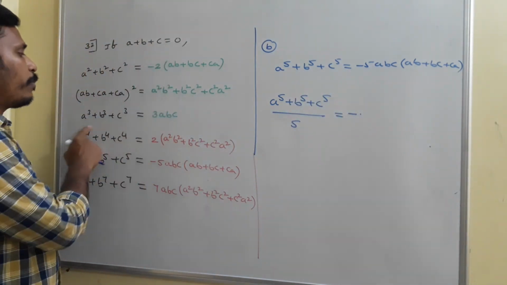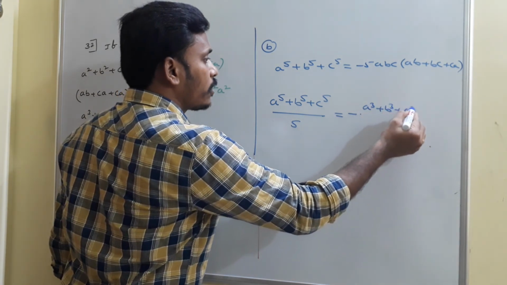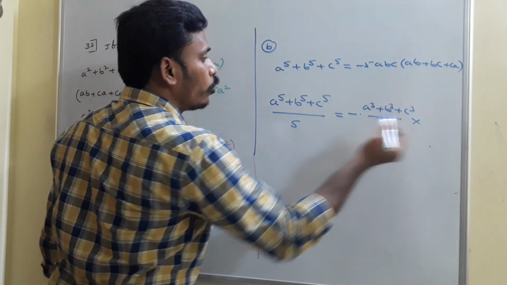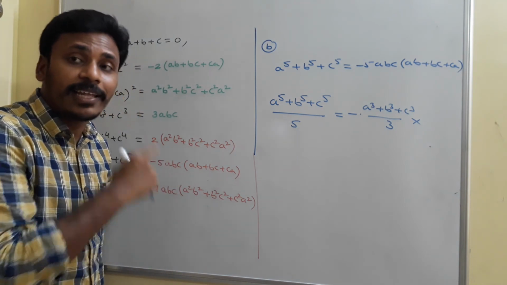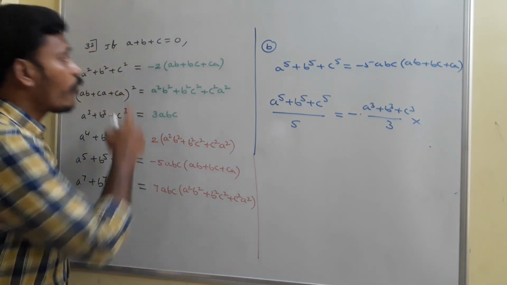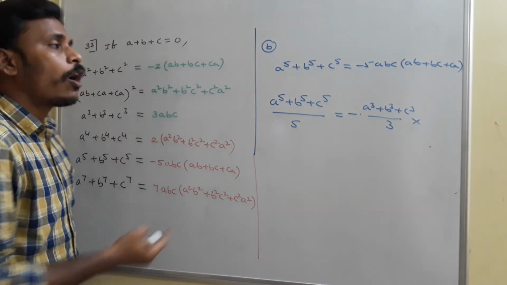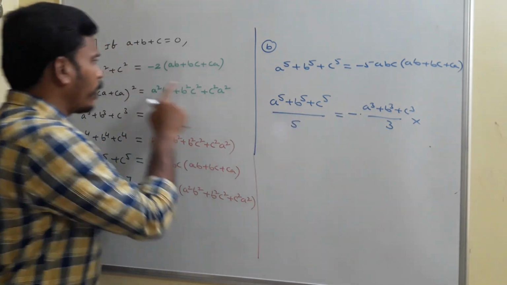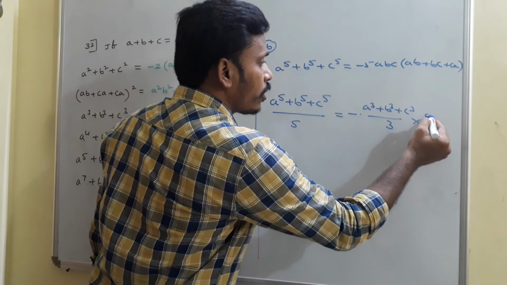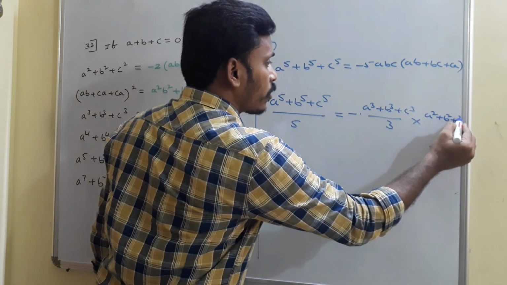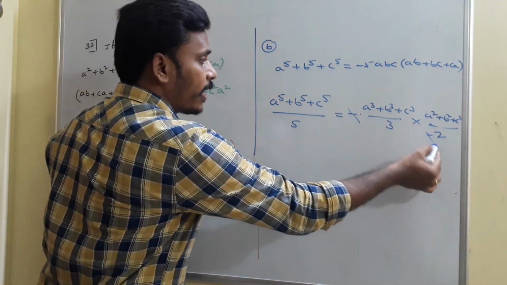You just replace ABC as A cube plus B cube plus C cube by 3, and rewrite AB plus BC plus CA from the first one. From the first one, AB plus BC plus CA is, with the minus already there, A square plus B square plus C square by minus 2. And these two minuses will get cancelled.